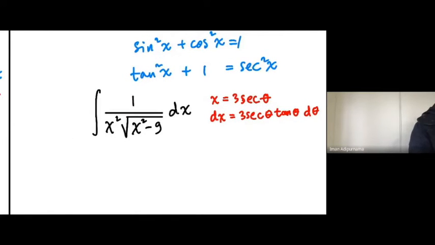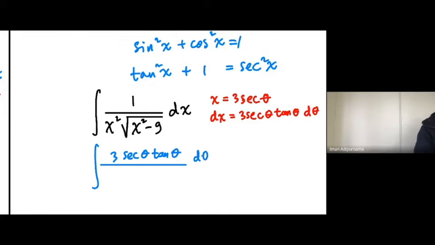So we substitute the x. Let me write this: 3 secant theta tangent theta d theta. And then this becomes 9 secant squared theta.